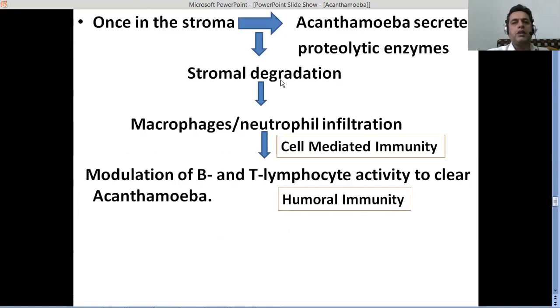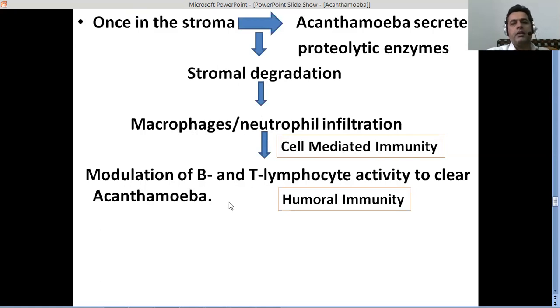This stromal degradation will lead to infiltration of the macrophages, and neutrophil infiltration would also follow, because the degradation would lead to attraction of the macrophages, which would secrete cytokines which would attract more neutrophils to the site of infection. So this would be a kind of cell-mediated immunity against this particular parasite which would be instigated.